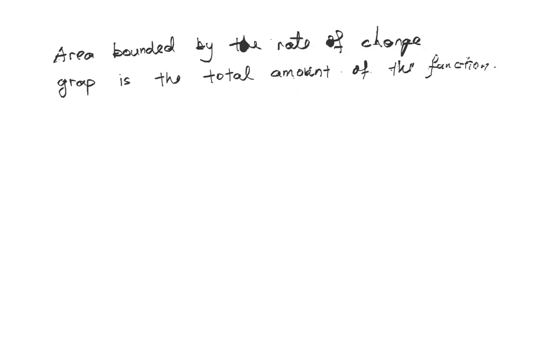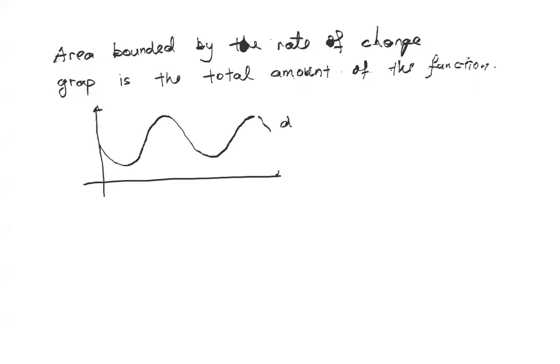Am I right? So if I got this, this is my rate of change graph. This is my dy dx. So I want the total amount from 2 to 6.5, somewhere here, I don't know.